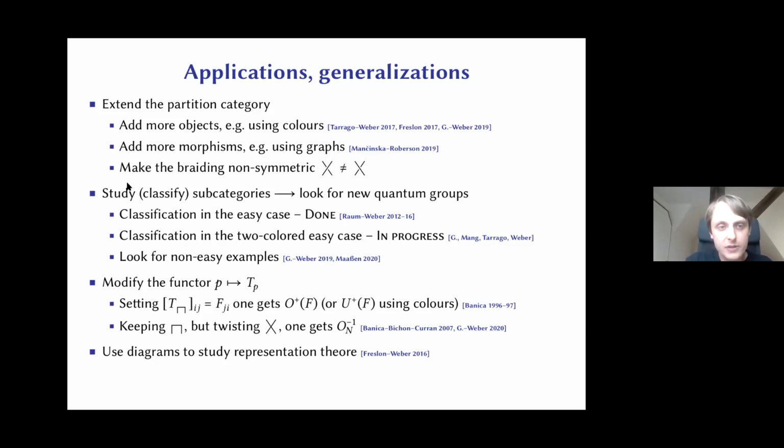What you can also do is make the braiding non-symmetric. So if you are interested in those deformed quantum groups, deformed commutativity, then often those representation categories have non-symmetric braidings. So you have to distinguish between the braiding and its inverse. And then I guess you know those diagrams from the Yang-Baxter equations and stuff.